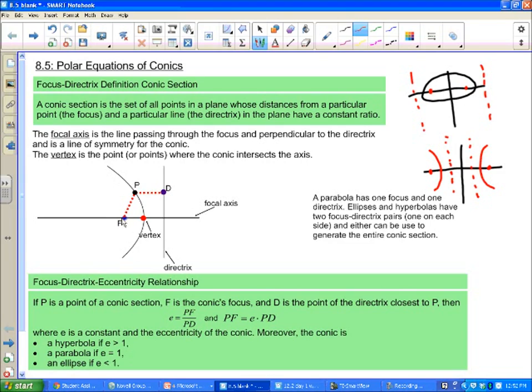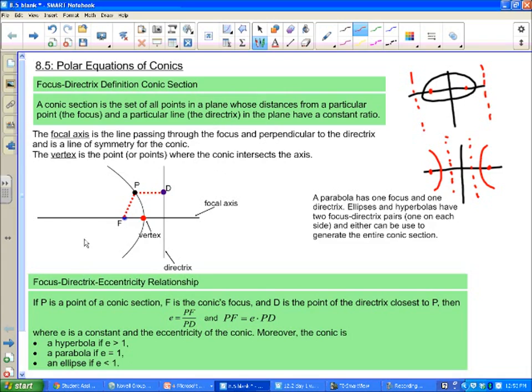If I look at this picture over here, here's the focus, here's a point that's on my curve, and here's the line that goes to the directrix. Basically what we have is a constant ratio of the distance from F to P, and then P to D. No matter where we move this point P, we'll have the same ratio of those distances.